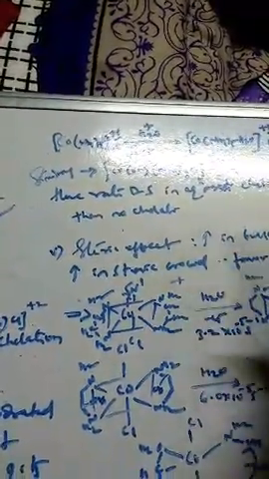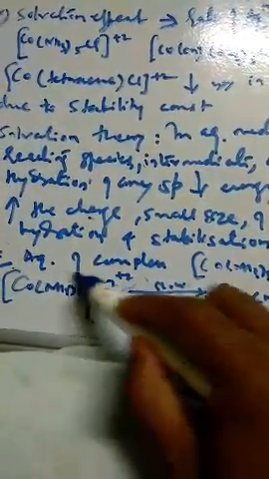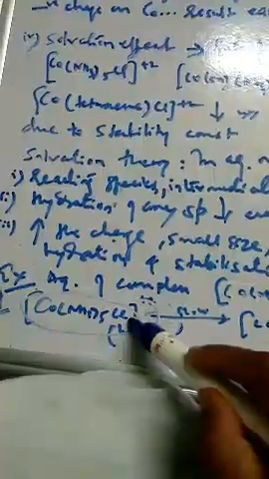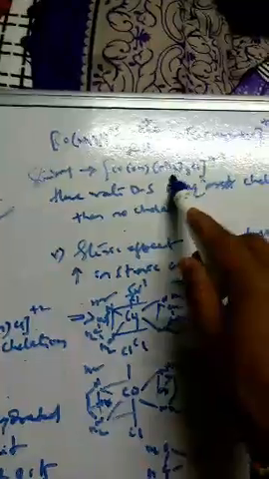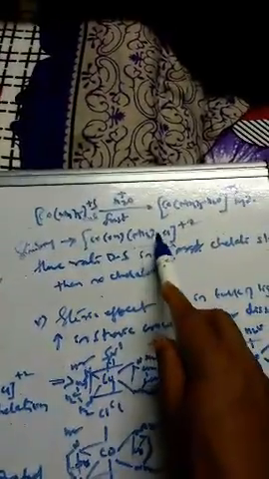But what happens here is that the rate determining step of equation in this chelate is slow. For the complex with increased charge and small size, the rate determining step is very fast, whereas for the decreased charge and big size of the species, the equation is very slow compared to the previous one.